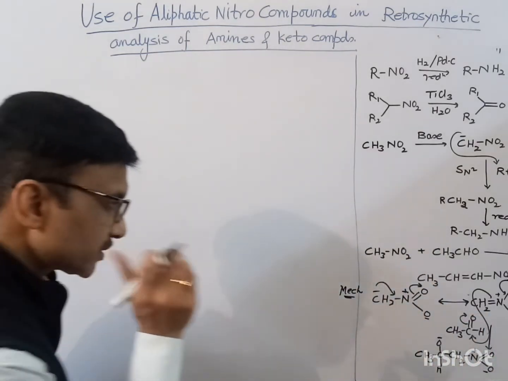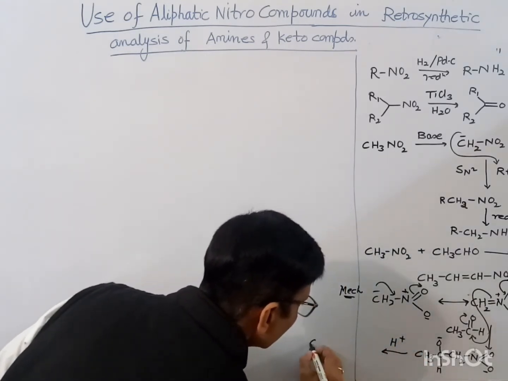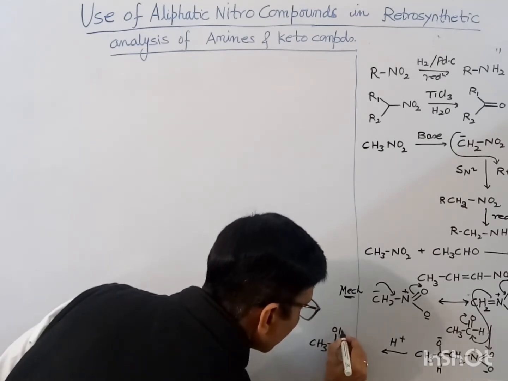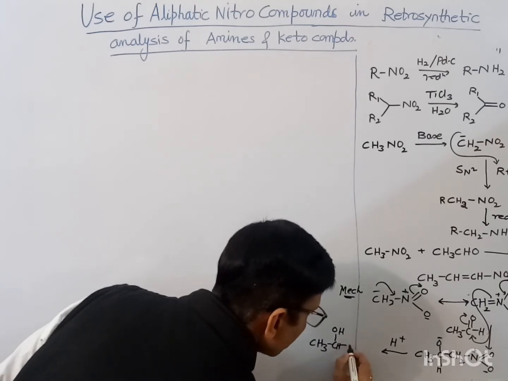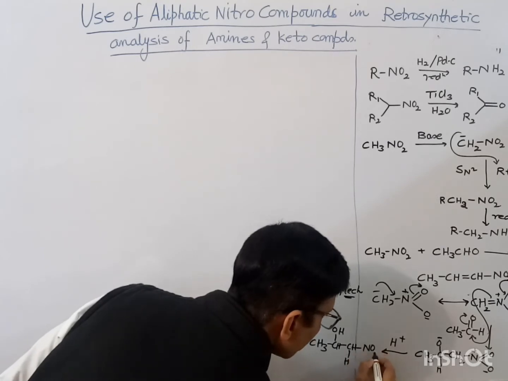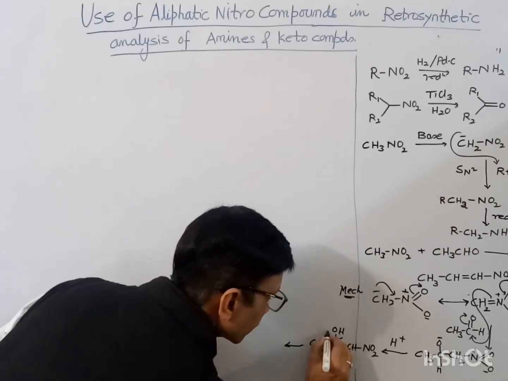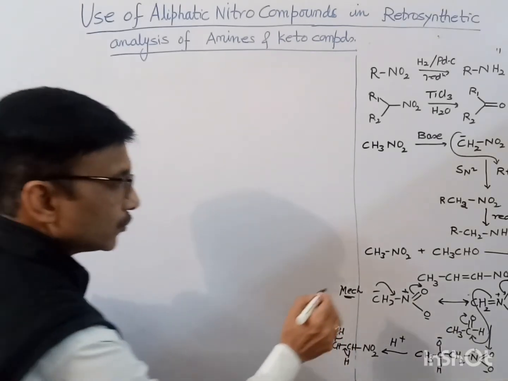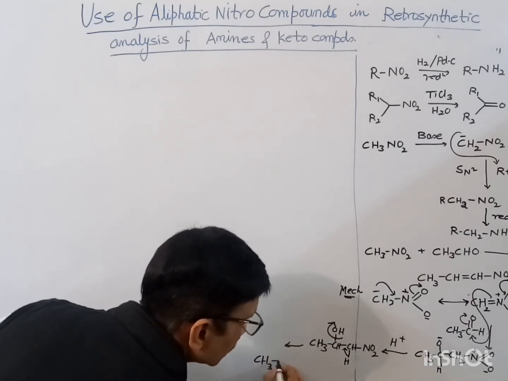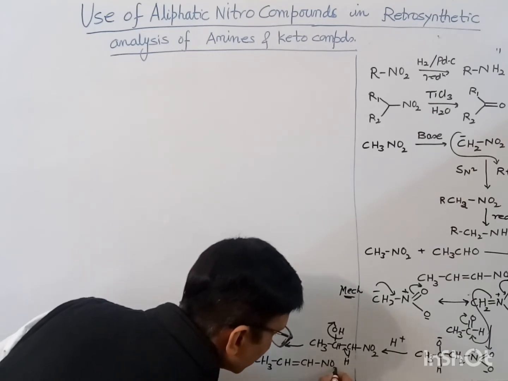Now in the next step, after protonation, it will undergo dehydration to give you this alpha beta unsaturated nitro compound.